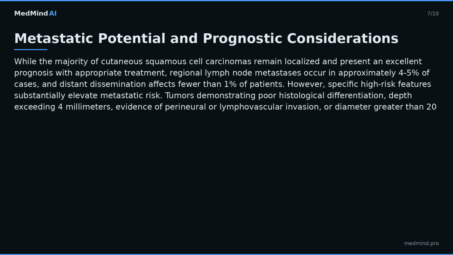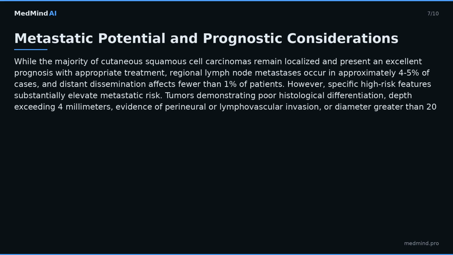Tumors demonstrating poor histological differentiation, depth exceeding 4 mm, evidence of perineural or lymphovascular invasion, or diameter greater than 20 mm warrant heightened concern and more intensive surveillance. The anatomical site influences biological behavior, with lesions on the ear, lip, or scalp demonstrating more aggressive tendencies compared to trunk lesions.